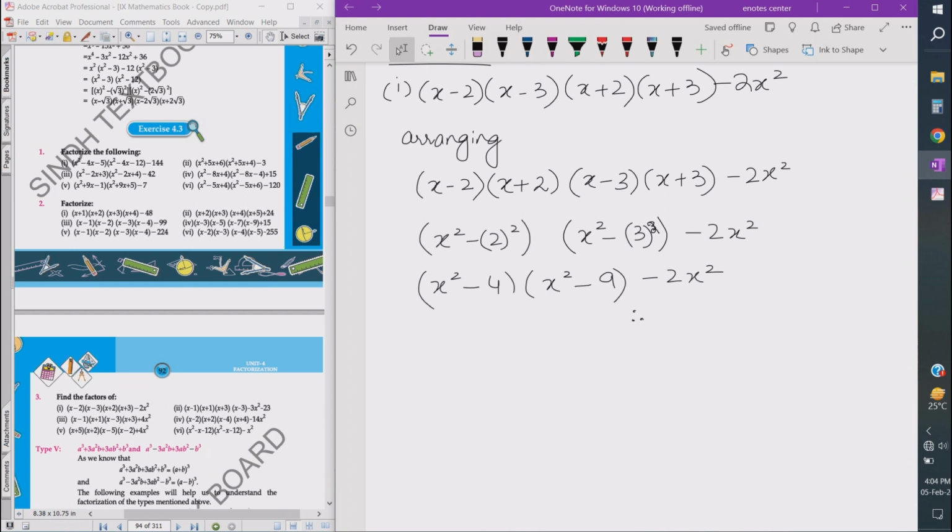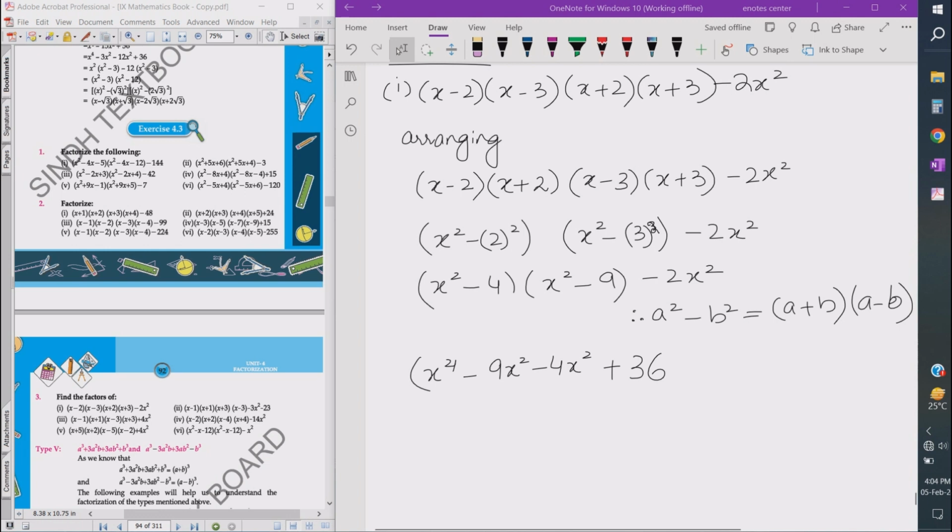We will give the reference here: a square minus b square equals a plus b times a minus b. Now we will multiply these terms. x to the power 4 minus 9x square minus 4x square plus 36, and this term is minus 2x square.